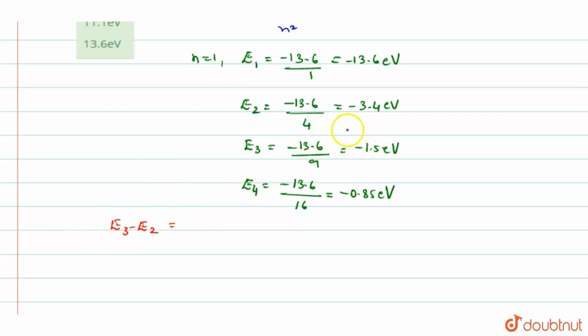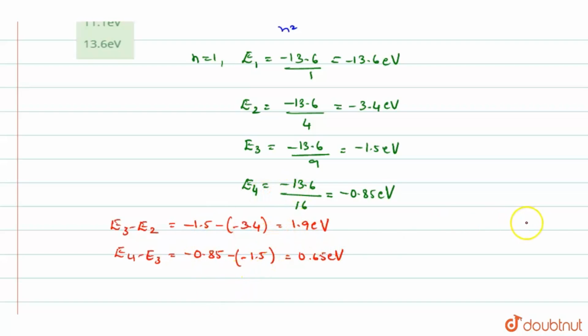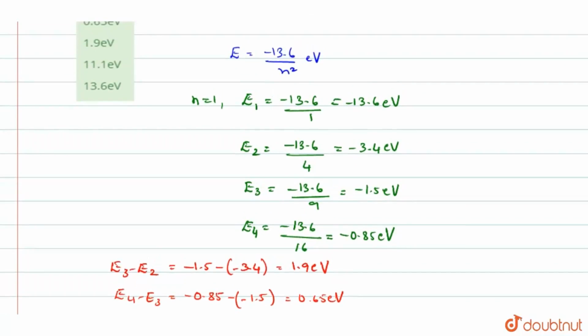This is minus 1.5 minus of minus 3.4, which gives you 1.9 electron volt. Similarly, E4 minus E3 is minus 0.85 minus of minus 1.5, and this gives you 0.65 electron volt.